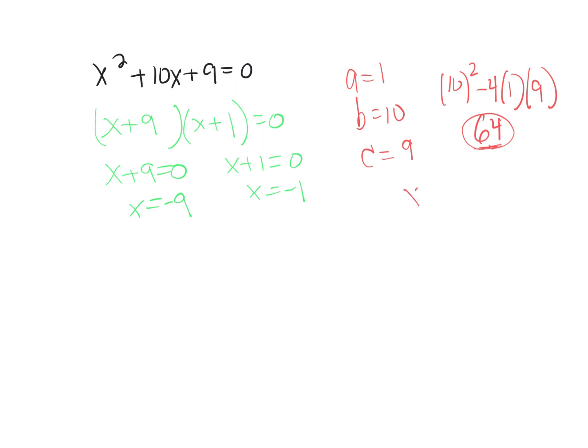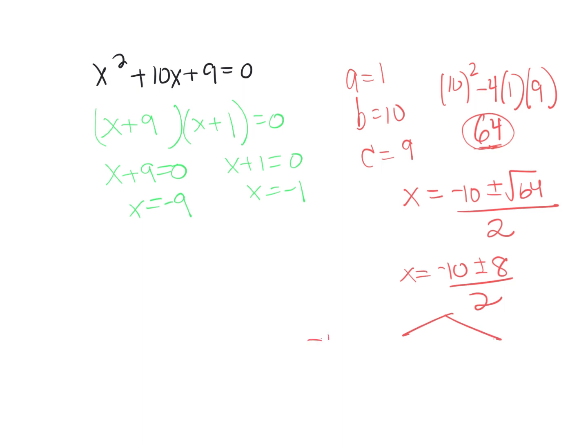If you wanted to keep going with the quadratic formula, you can do that. And so it would be x equals the opposite of b plus or minus the square root of 64 divided by 2 times a. That'll be negative 10 plus or minus 8 divided by 2. Then we're going to have negative 10 plus 8 divided by 2, and that is going to give us negative 1.